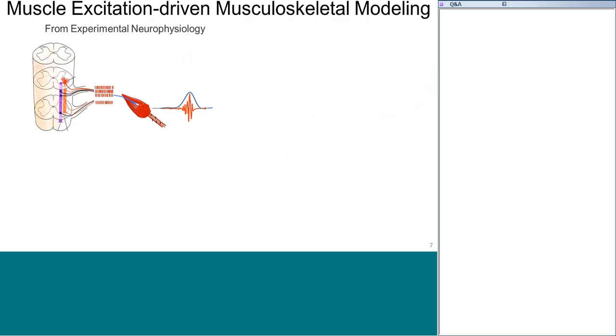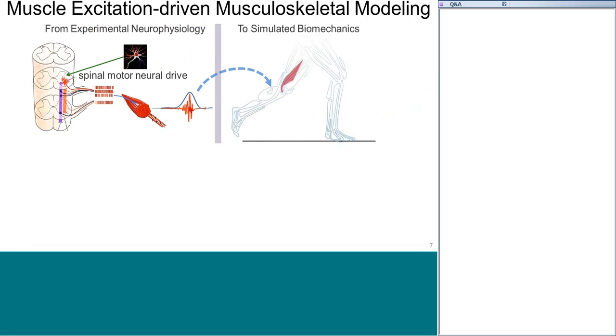So the very long term in the title, muscle excitation-driven musculoskeletal modeling, simply means that we will be modeling the dynamics of the muscular and the skeletal system as controlled by the nervous system. So the idea here is to collect experimental data reflecting the dynamic of the neural drive to muscles, and use this information to perform muscle-driven simulations to understand how muscles contract, generate force, and contribute to generate a final movement.